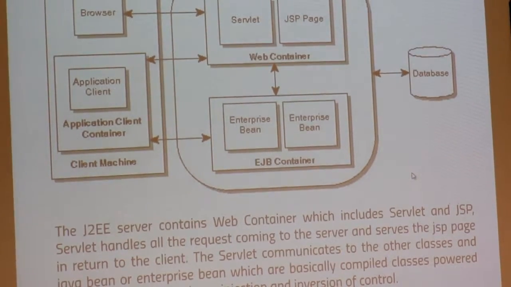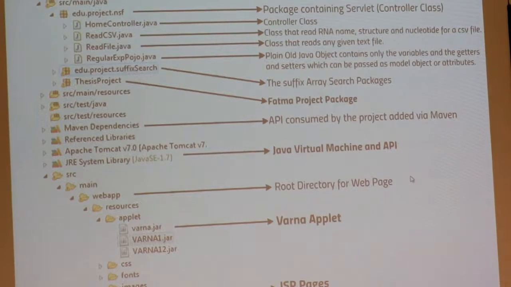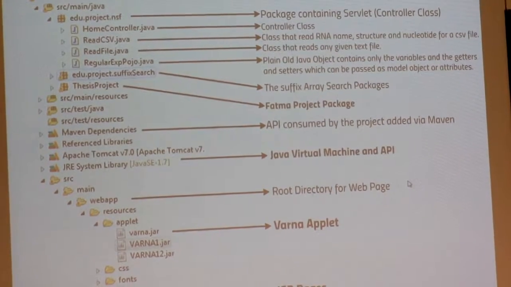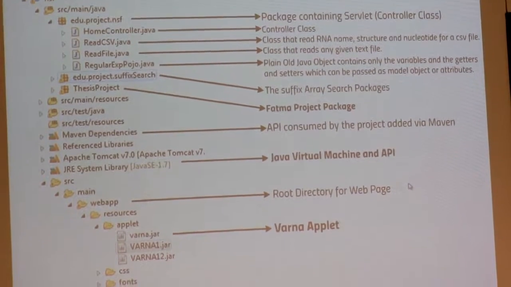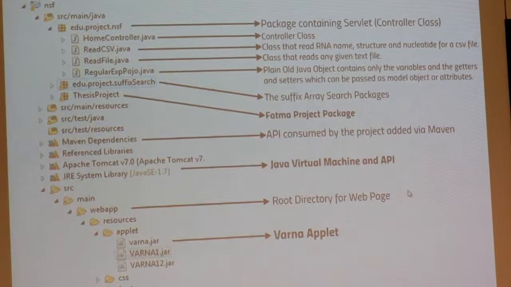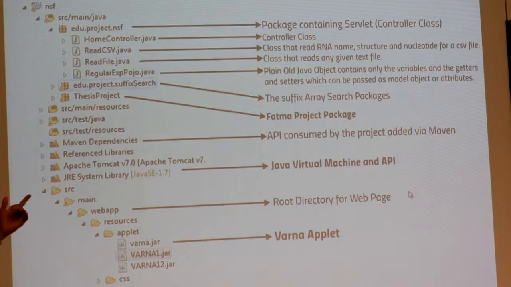Okay, let's move to another one. Here also I added some lines so that it is clear what these things represent in the project structure. We have the package container and controller class, and I have defined what some of the classes are doing, like ReadCSV.